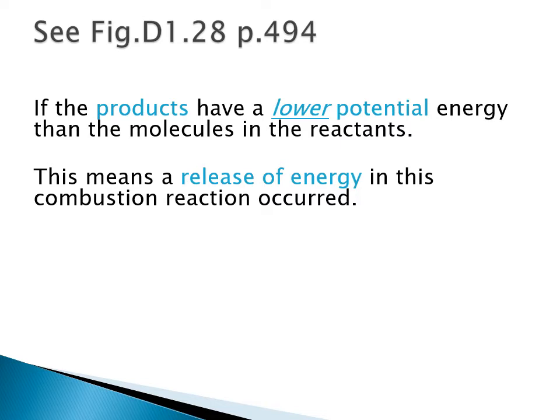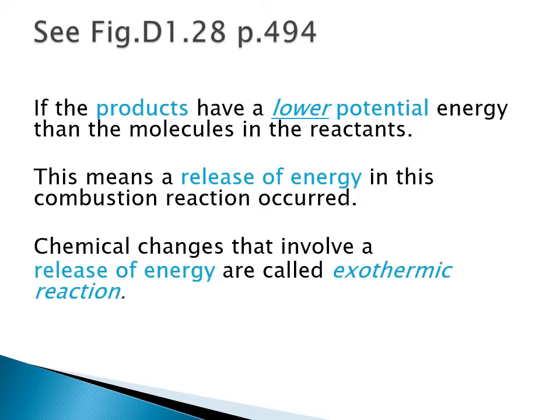That was the graph I showed you a couple slides ago if you wanted to back up the video and think it through. This means that there is a release of energy, and we're calling this exothermic. So the products have a lower potential energy than the molecules of the reactants. So there's more energy in the reactants, less energy now in the products, meaning it was released.